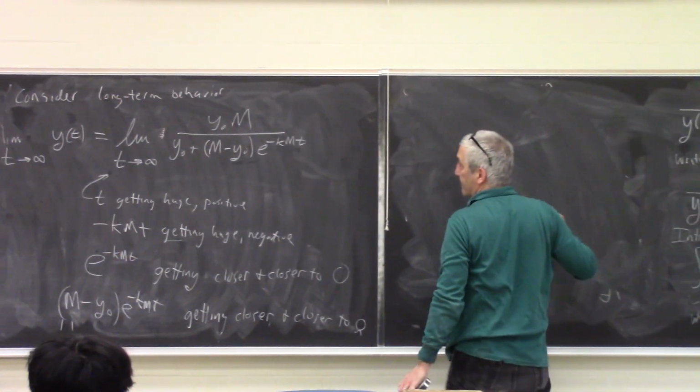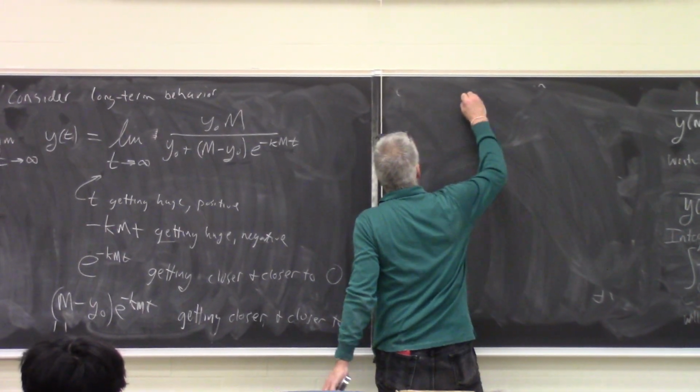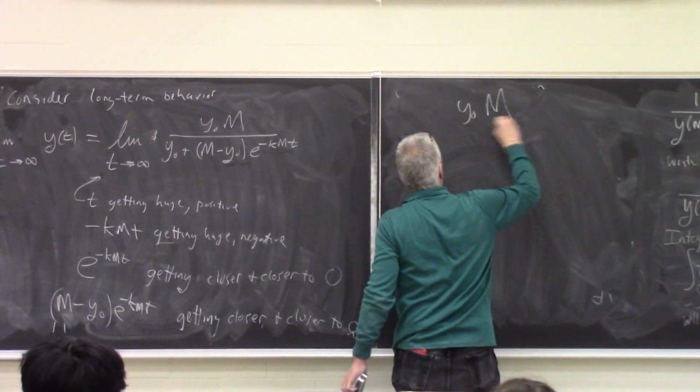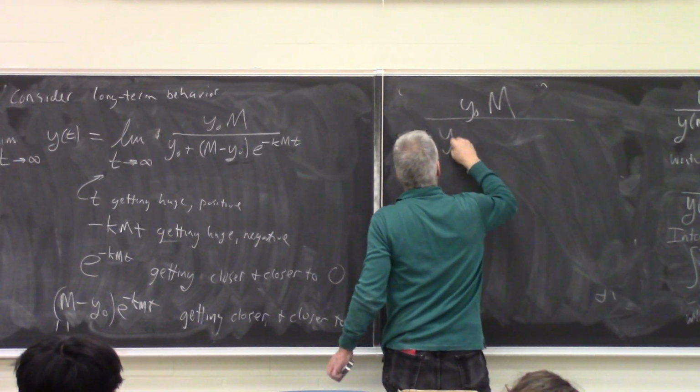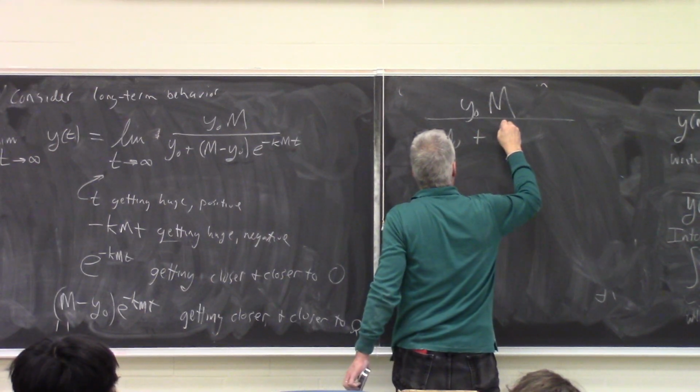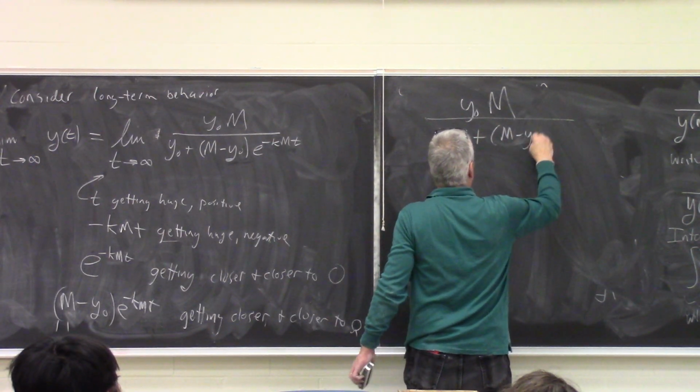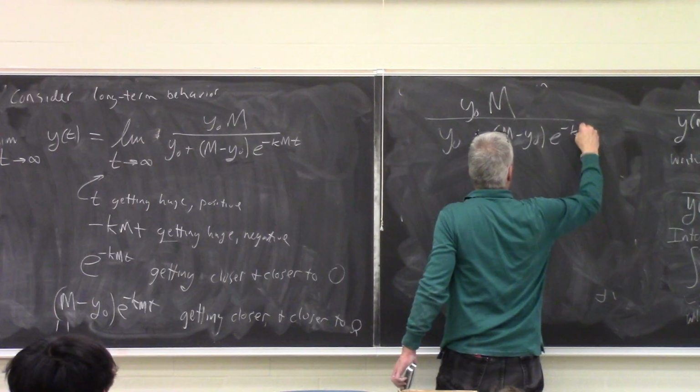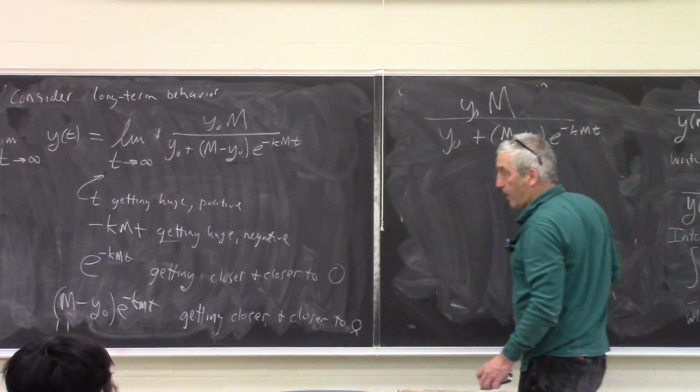So that means, let's skip ahead a couple of steps. y0 m over y0 plus m minus y0 e to the minus kmt. So that's y of t.